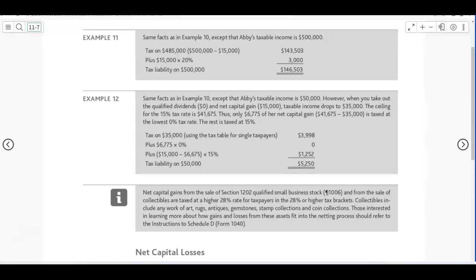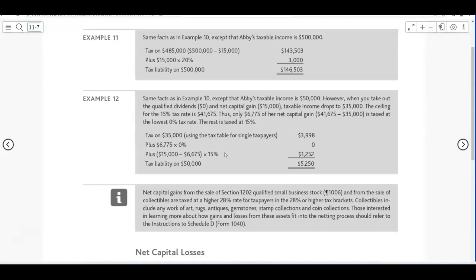So tax on $35,000 using the tax table for a single taxpayer is $3,998, which is about, I believe, let's say 10%, 12%, something like that. Then the remaining, whatever is above the difference of the threshold: 41,675 minus 35,000, that is ordinary income.